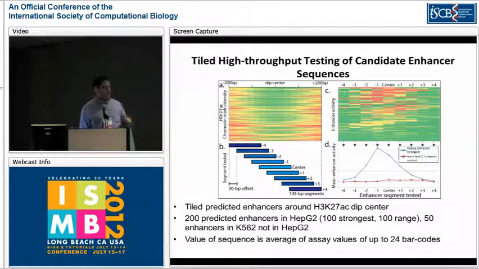And we had some set of locations which were enhancers in HepG2 and not in K562, and then another set which were enhancers in K562 and not HepG2. And you can see here when we transfected into HepG2, the enhancers on aggregate were active, much more than the control, and specifically close to the center of the dip.